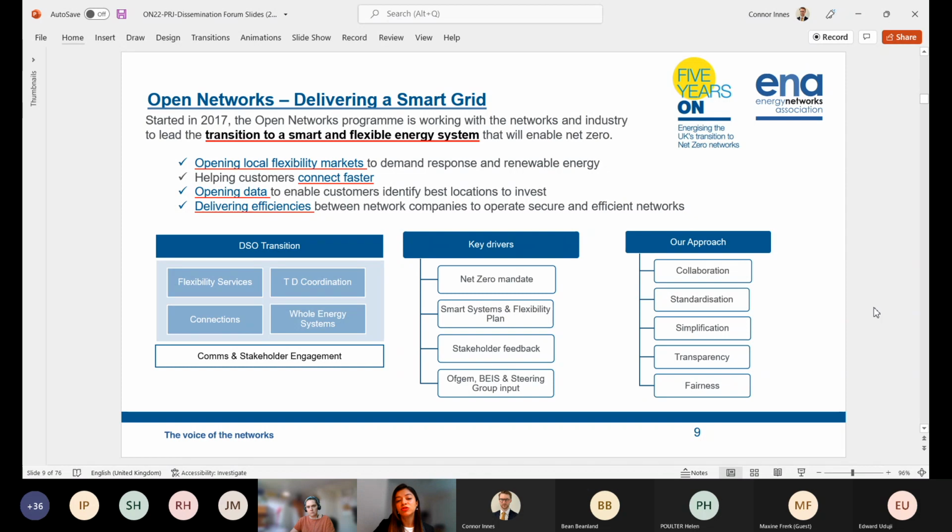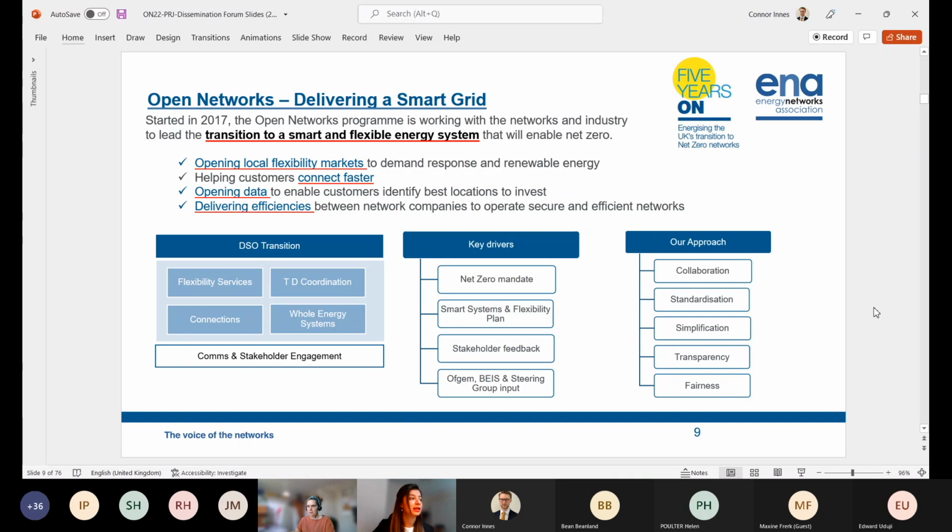In terms of the approach that we've taken with the project, it's all about collaboration. Collaboration is really fundamental to this transition. We want to make sure we are delivering this transition with the industry, and through the work that we are doing, we're helping to standardize processes across the different network companies, and we're helping to make them simpler.